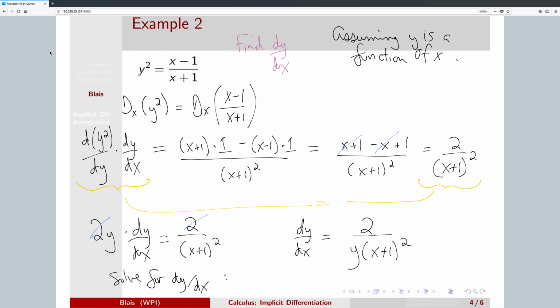So for any combinations of x and y where this is defined, specifically we can't have zeros in the denominator, so x equals minus 1 doesn't work, y equals 0 doesn't work. But aside from those values, we will have this giving us the slope of the tangent line to the graph of this function.